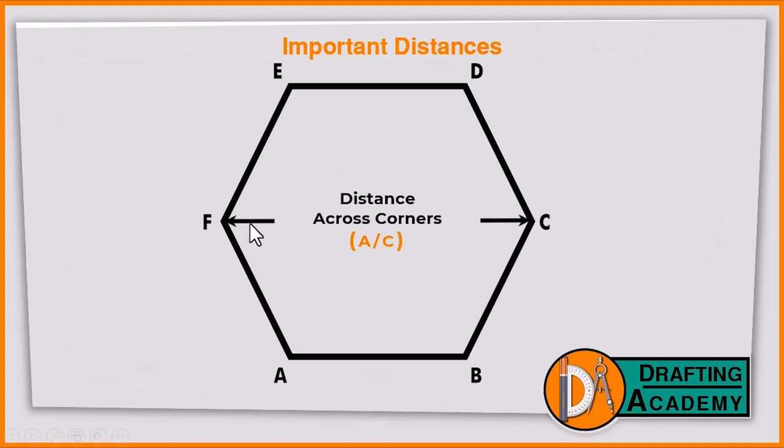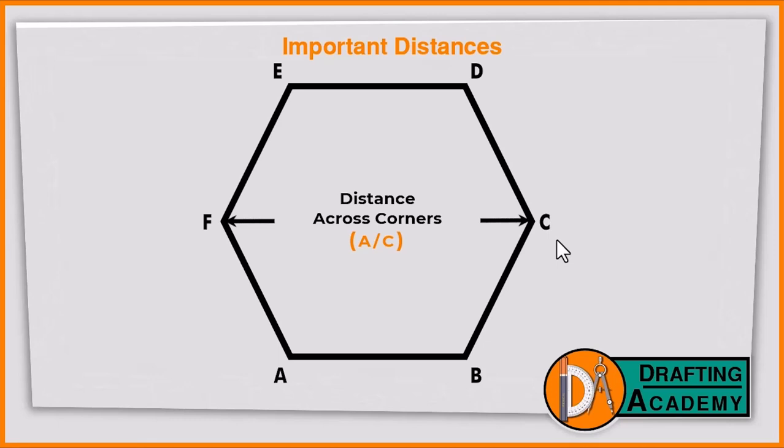For example, here if we draw a line from F to C and then measure FC, if truly FC is the distance across corners, we expect that the shape FEDC is the same as the shape FABC.